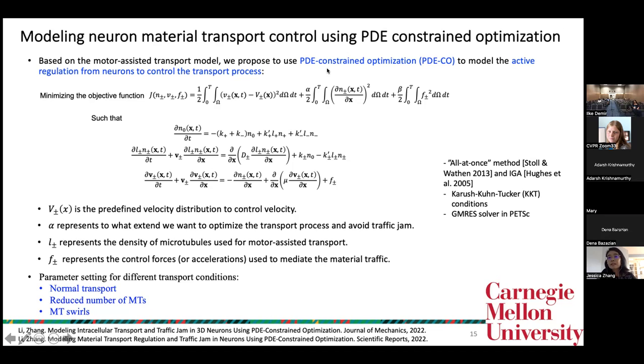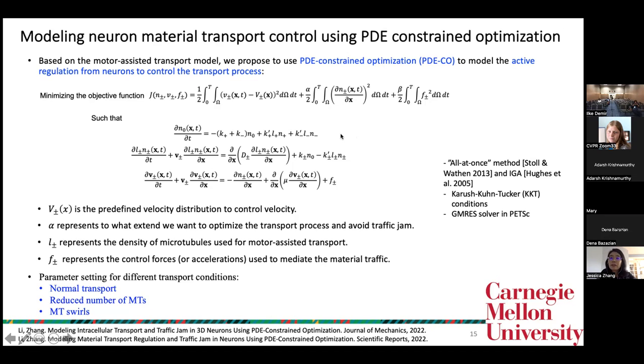The second term is to control how much we want to optimize the transport to avoid the traffic jam. It's defined based on the derivative of the concentration, and we have a parameter alpha that the user can set for how much to optimize. The last term is the regularization term, defined based on the control force, F plus-minus. We also give a parameter beta here.